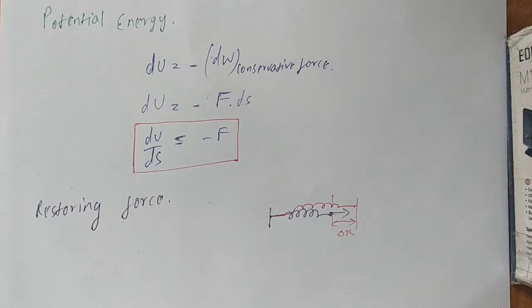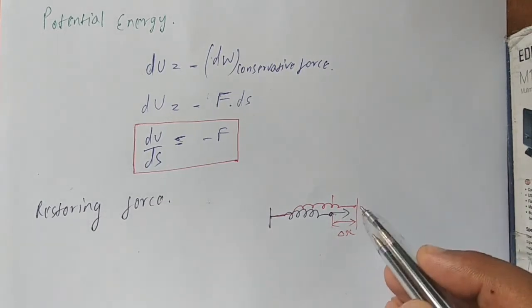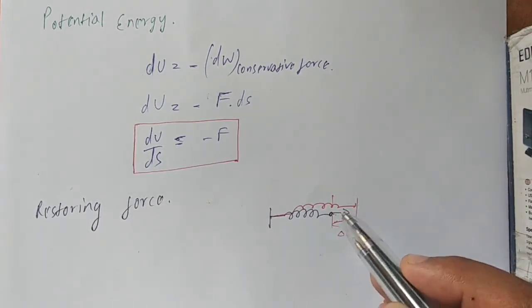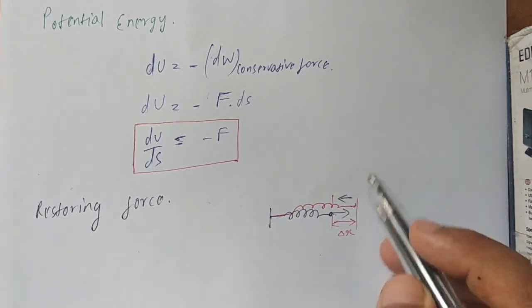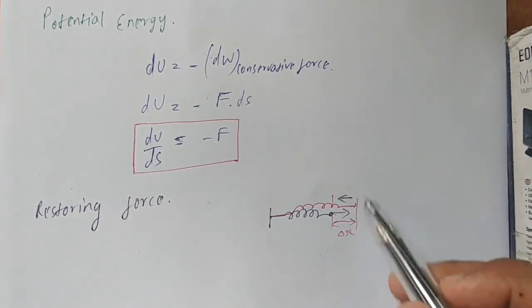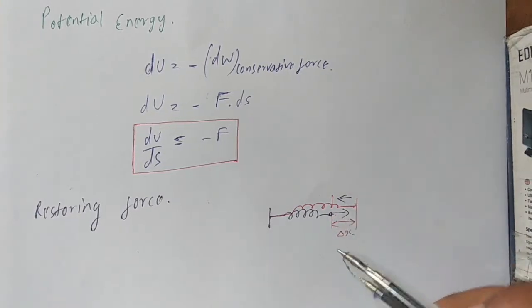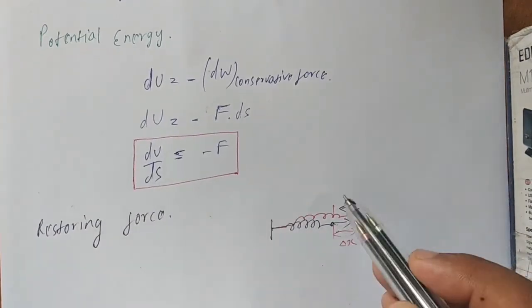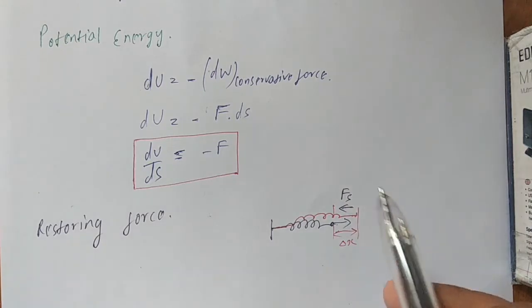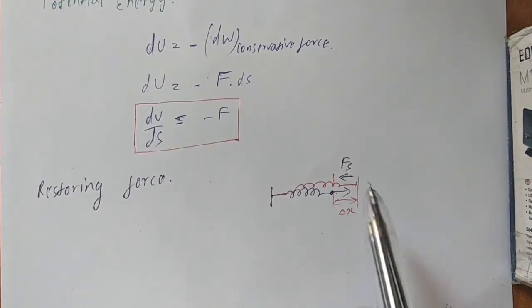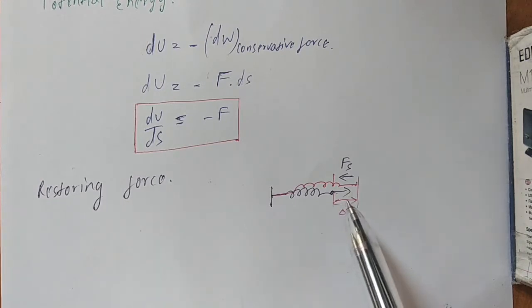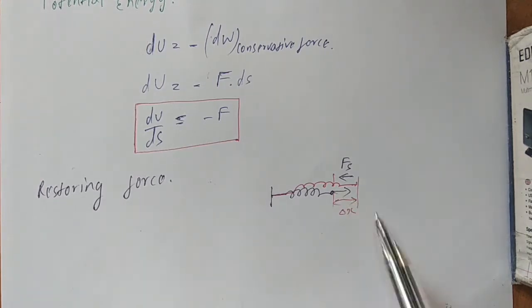Now you know that a spring force is developed which will try to restore the disturbance caused on the spring. So this force is nothing but the restoring force. Restoring force is something that tries to repel the disturbance caused on the system.